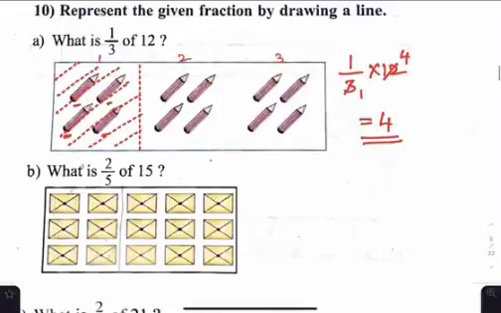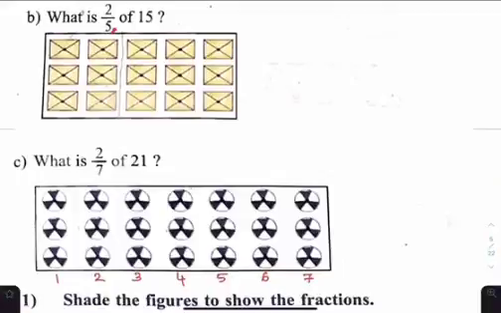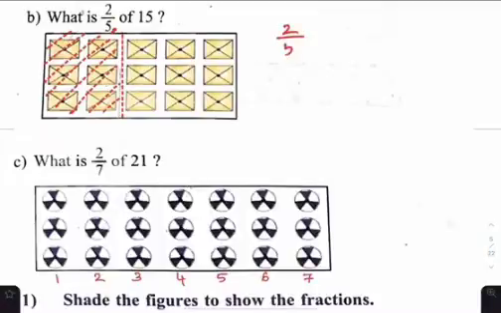Okay. Now moving on. So mark 2 groups out of 5 groups. This is the answer. Now for the calculation part, as we did it earlier, 2 by 5 of 15 can be written like this.